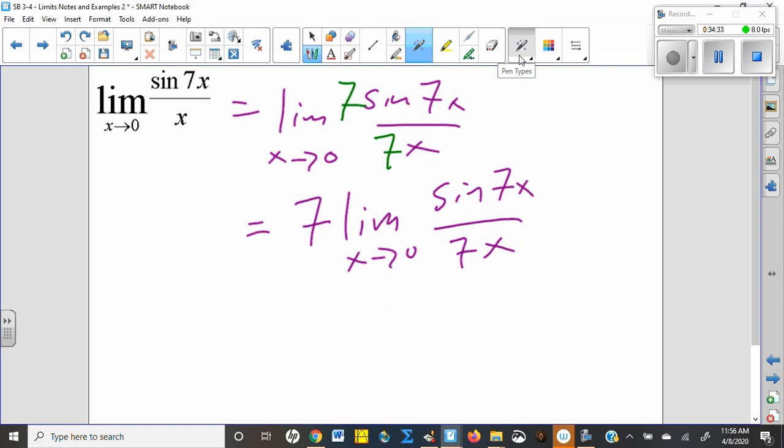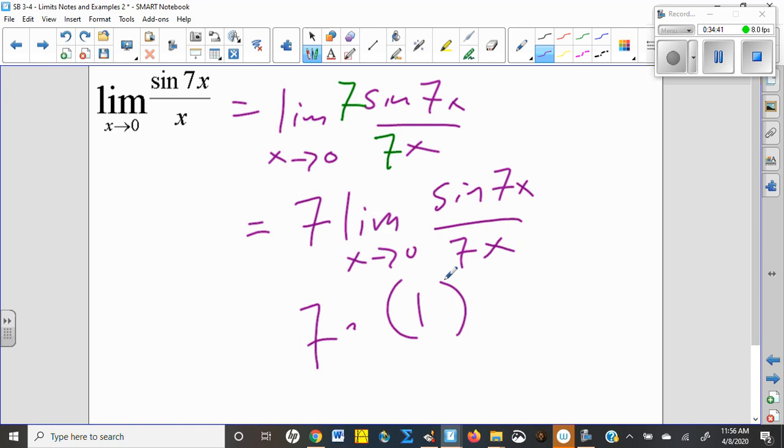We can now substitute that in, and it's going to be 7 times 1, not limit of 1. Remember, sine of 7x over 7x is never equal to 1, but the limit of sine of 7x over 7x approaches 1. So your answer on this problem is 7. You could verify that one on your calculator.